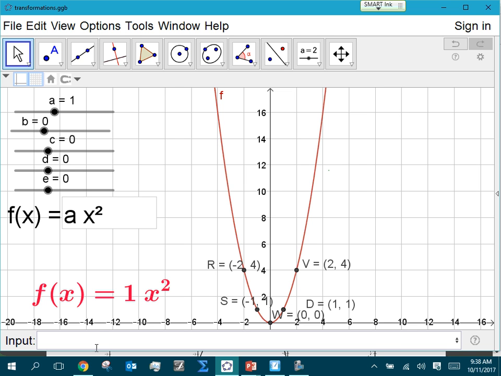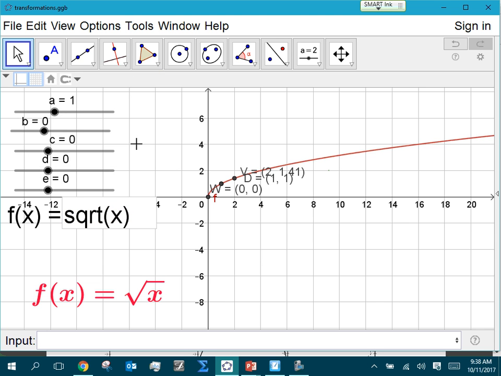Okay, so let's use a different function. Maybe I go square root of x. Okay, so it looks like that, right? Some points that we have on there, they're not really nice points right now, but you can still see 1, 1, 2, comma, radical 2, okay, 0, 0.